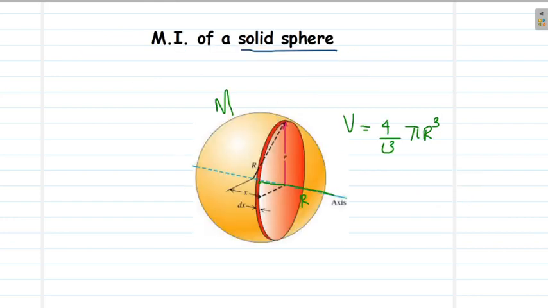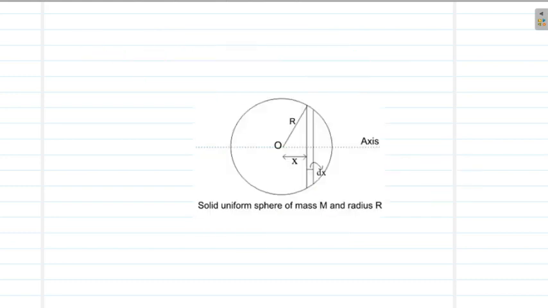To calculate the moment of inertia of the sphere about this axis, we assume that the sphere is composed of discs like this that are placed at different distances from the center of the sphere. So you may imagine it like this. This is the sphere, and the sphere is made up of discs like this of thickness dx, but the radius of each of the discs is different.